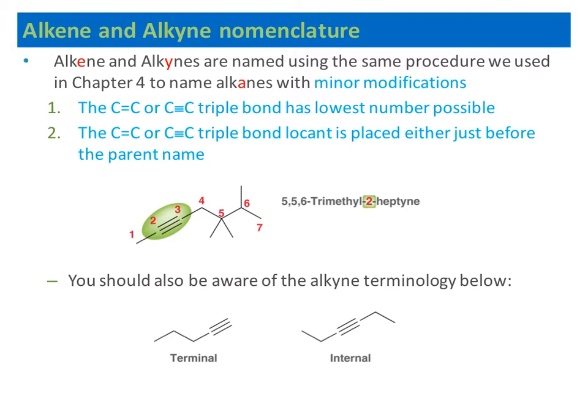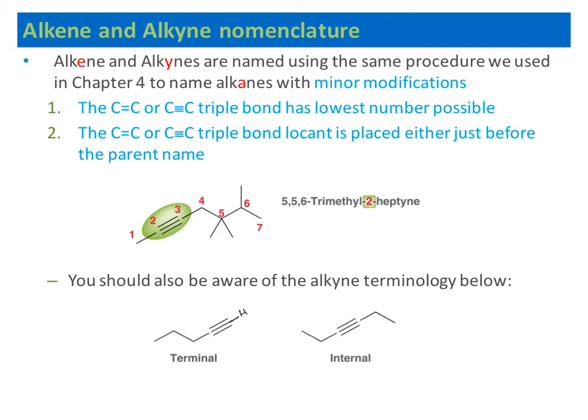Now, we also have a terminology that we need to be aware of. So we can have terminal alkyne or internal alkyne. So the terminal alkyne has a hydrogen attached at the end.